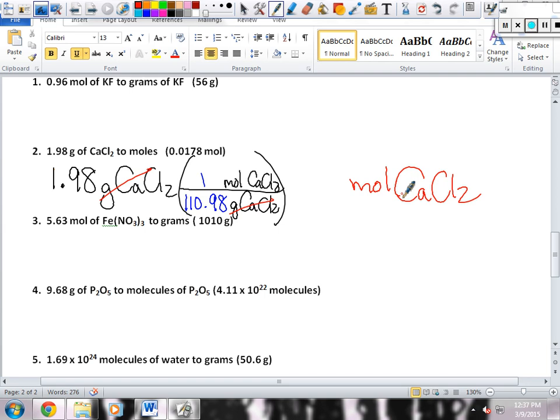I want you to plug this in your calculator mathematically. What are you going to do? You're going to divide. In terms of significant figures, how many should you have? You should have 3. So when you do the answer in your calculator, did you get 0.0178? If you didn't, you did something wrong.